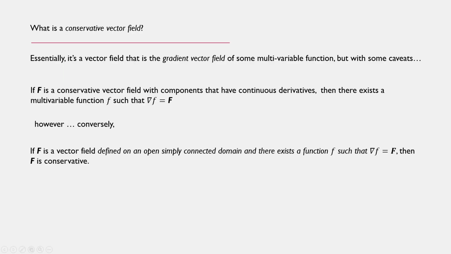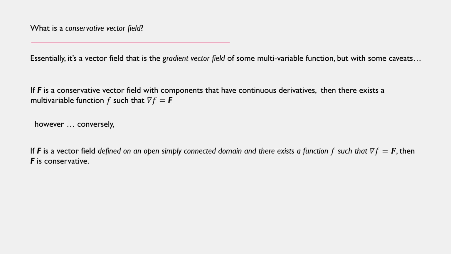Okay, so then maybe to sum up for this part 1, we'll just go back and look at what we know now about conservative vector fields. Essentially, it's a vector field that is the gradient vector field of some multivariable function, but with some caveats, right?